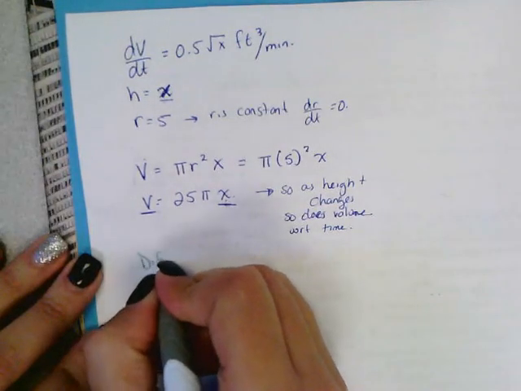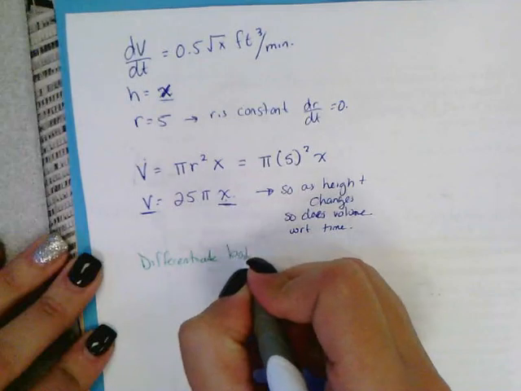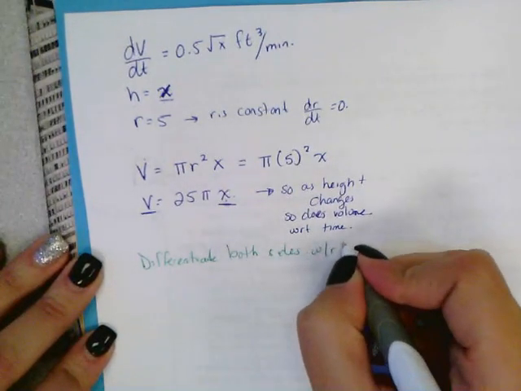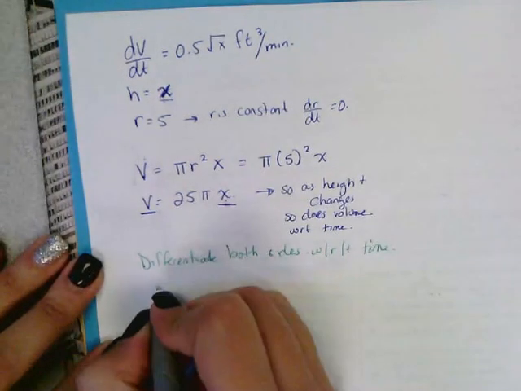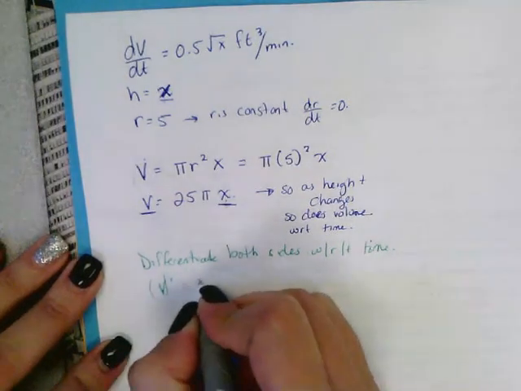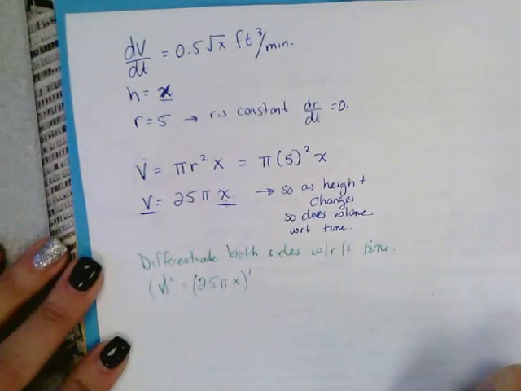We're going to differentiate both sides with respect to time. So basically v prime, take the prime of that, and 25 pi x prime.